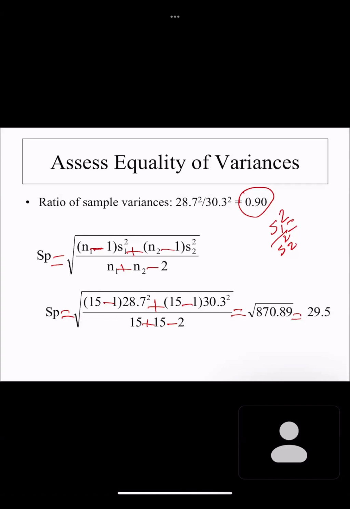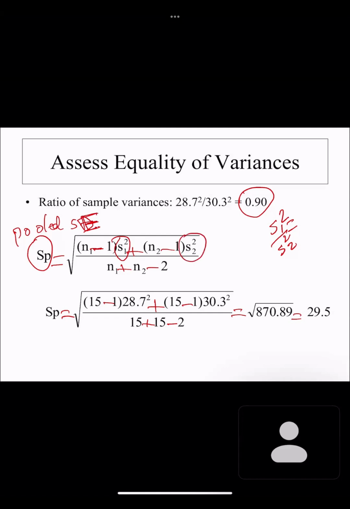Whenever we want to compute something called pooled standard error, I have to first check that the variances of S1 and S2 are equal.